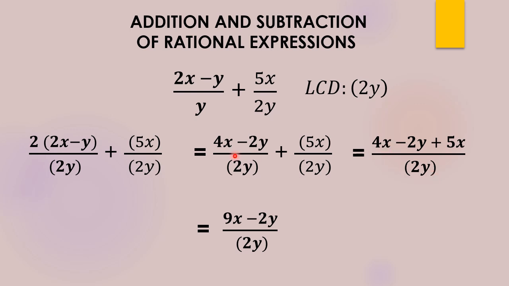And then we combine the numerators, 4x minus 2y and 5x. So combine all similar terms by addition or subtraction. So 4x plus 5x will give us 9x. Then minus 2y.